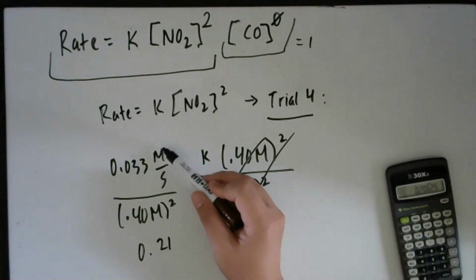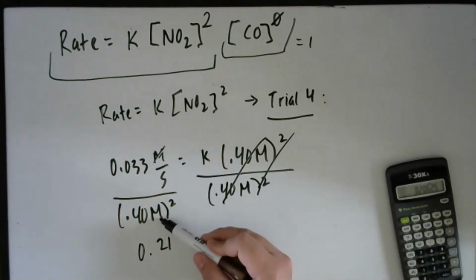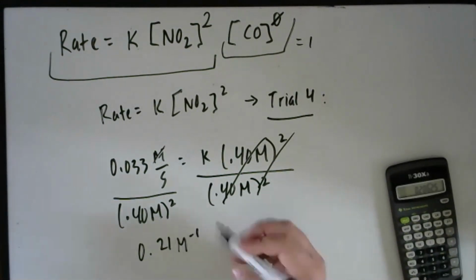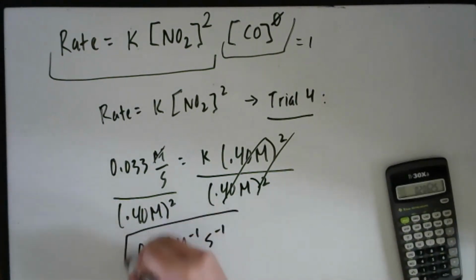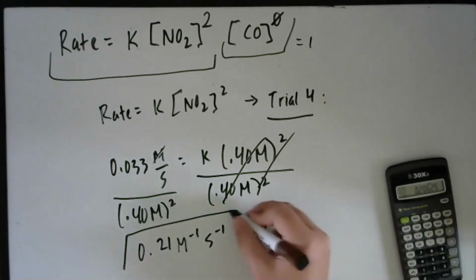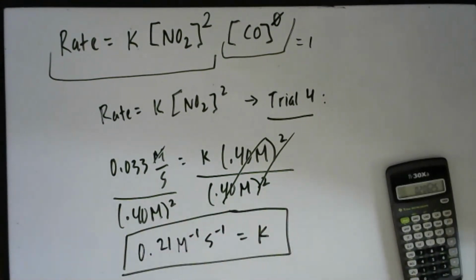Our molarity unit up top cancels out, and one of these molarities cancels out down here. So we're left with units of molarity inverse 1, seconds inverse 1. That's going to be our K value, our rate constant for this reaction.